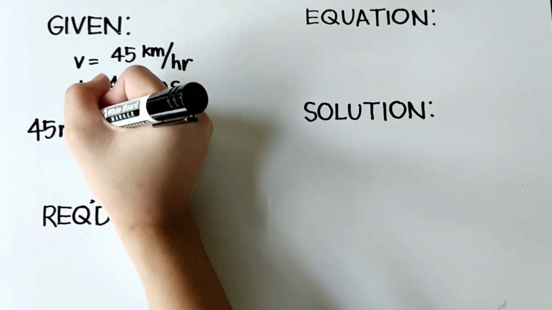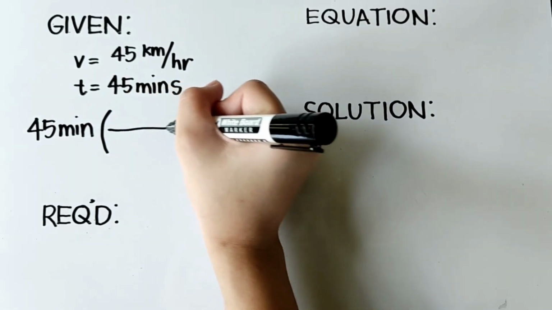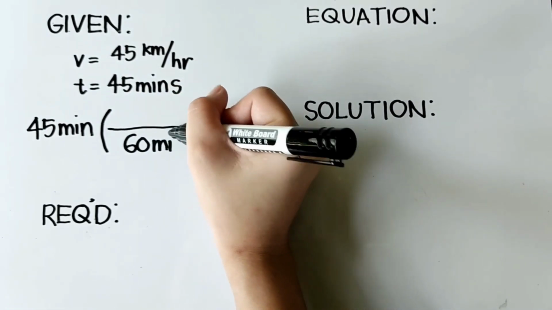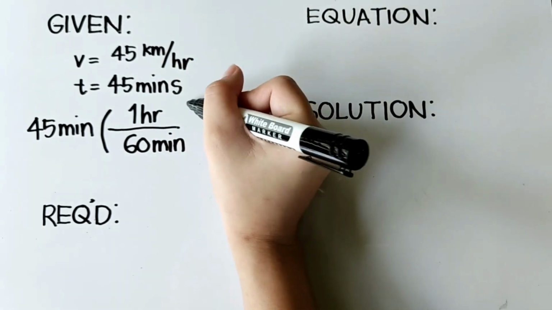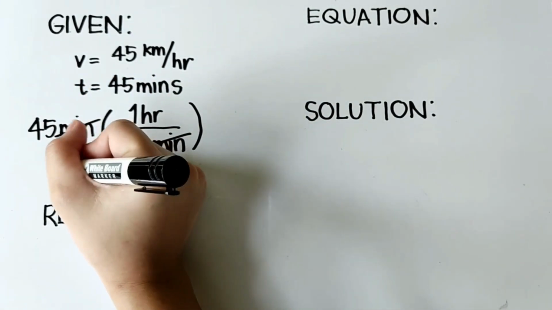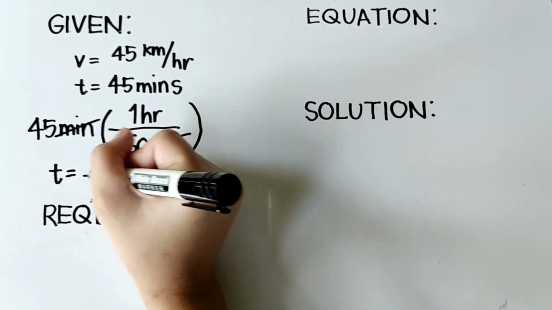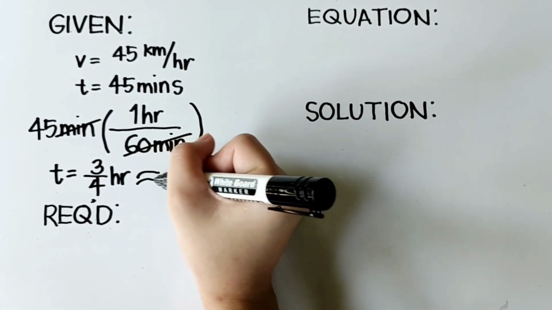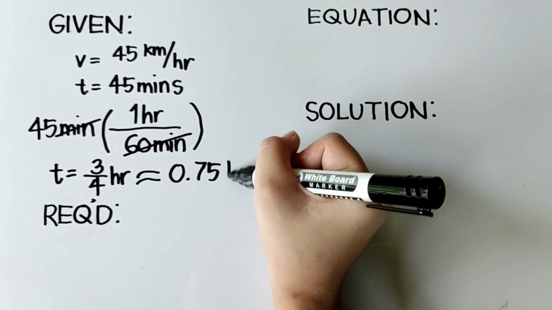So 45 minutes, converting it into hour. Cancel both minutes. By using your calculator, you'll get 3/4 hr, which is equivalent to 0.75 hr.